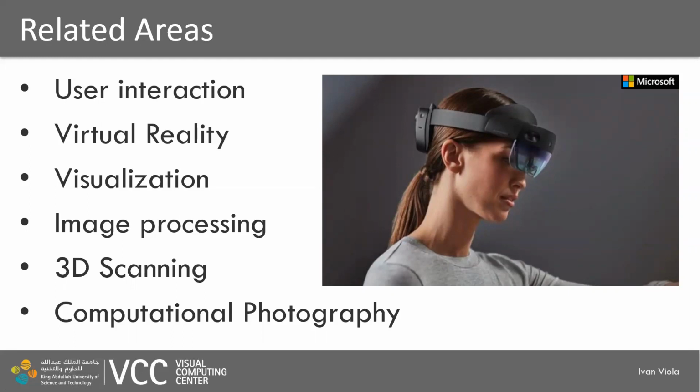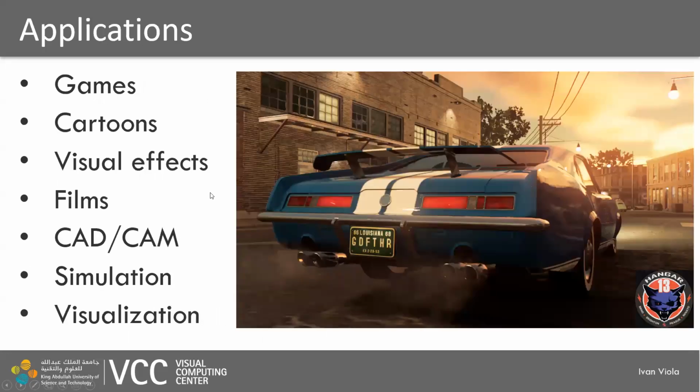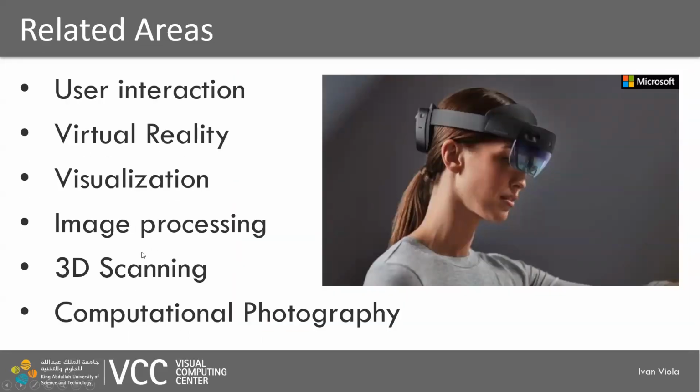If we are dealing with scientific or other kinds of data, we often need to display them on the screen, and that's where we are also using computer graphics techniques. In image processing, we generally are not synthesizing a scene, we are rather processing a scene, but image processing is tightly bound to computer graphics.